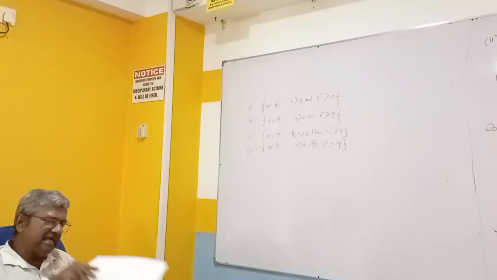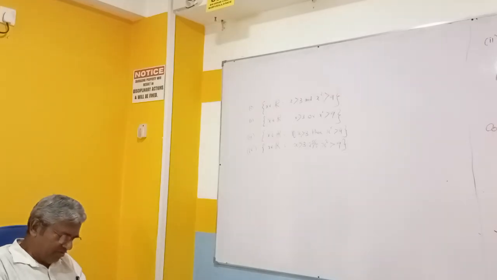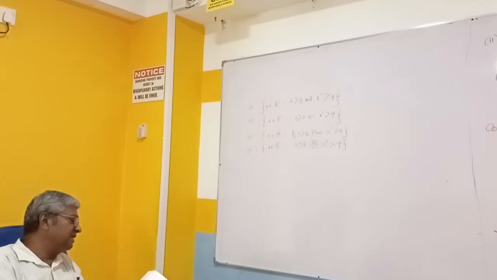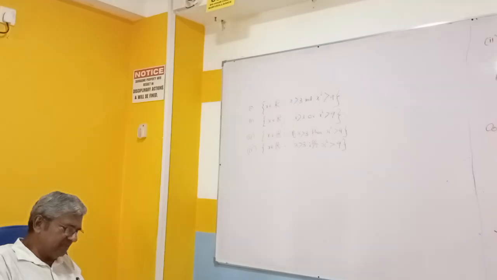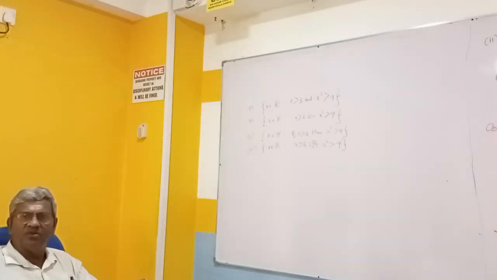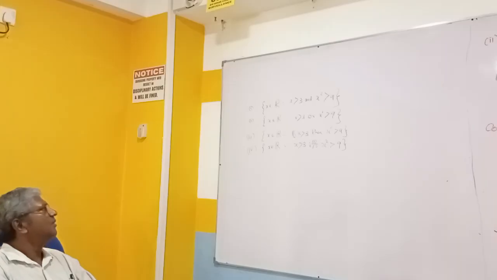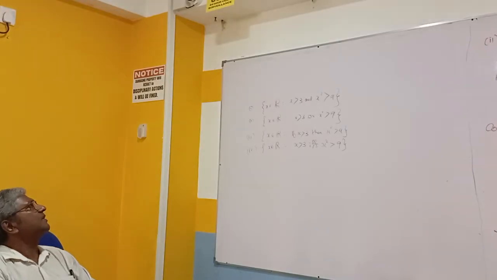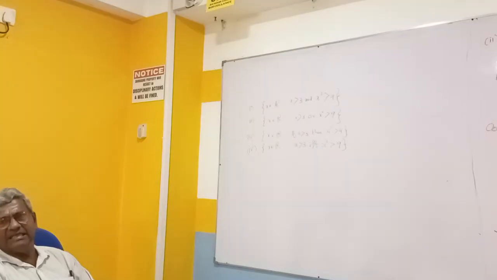With that hope, you cannot do question number 4, you don't know about differentiation. So you can try 1 and 3, that's enough. Not 4. Okay, what is this set? The set of all x belongs to R such that x greater than 3 and x squared greater than 9.